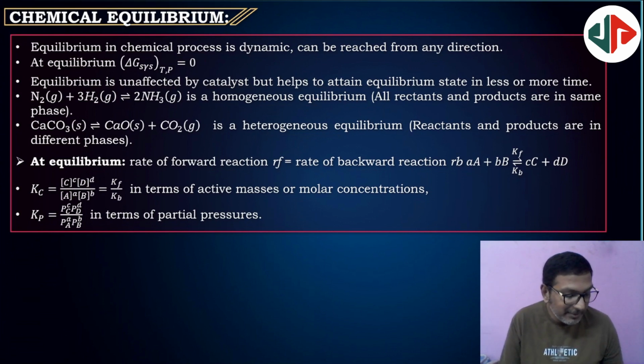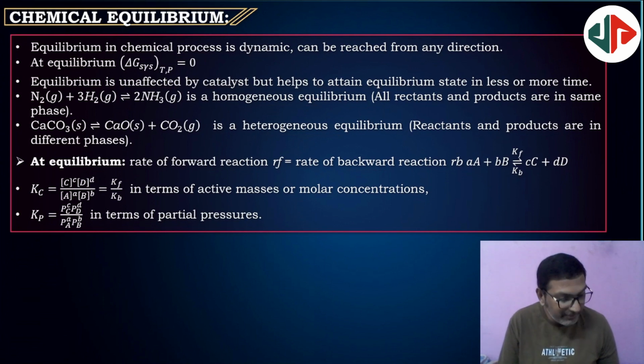Kc can be written as the product of molar concentrations of products divided by the product of molar concentrations of reactants, and here the powers are stoichiometric coefficients.